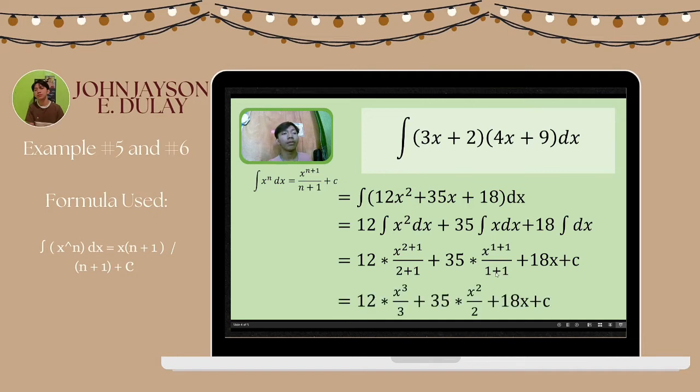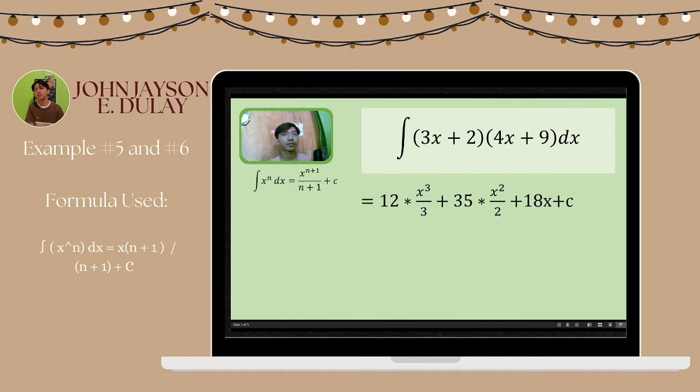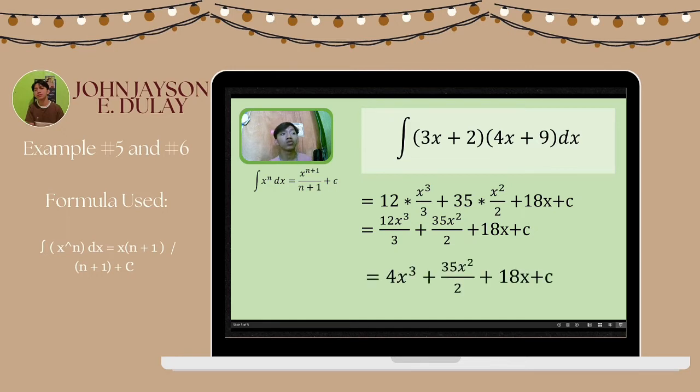Then combining, we add the exponents and the denominators, so it becomes 12 times x cubed over 3 plus 35 times x squared over 2 plus 18x plus c. Next we multiply, so it becomes 12x cubed over 3 plus 35x squared over 2 plus 18x plus c. We can still simplify 12x cubed over 3, so we divide it. So the final answer is 4x cubed plus 35x squared over 2 plus 18x plus c.